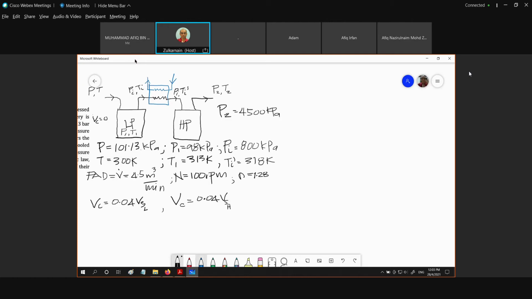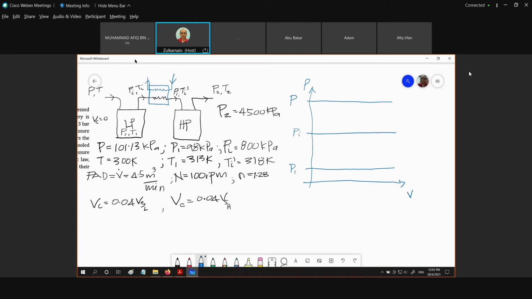Okay, PV diagram. This is our pressure. This is our volume. We have pressures as far as state 1, state i and state 2 is concerned. So we are going to sketch these 3 pressures, where this is our P1, this is our Pi, and this is our P2.